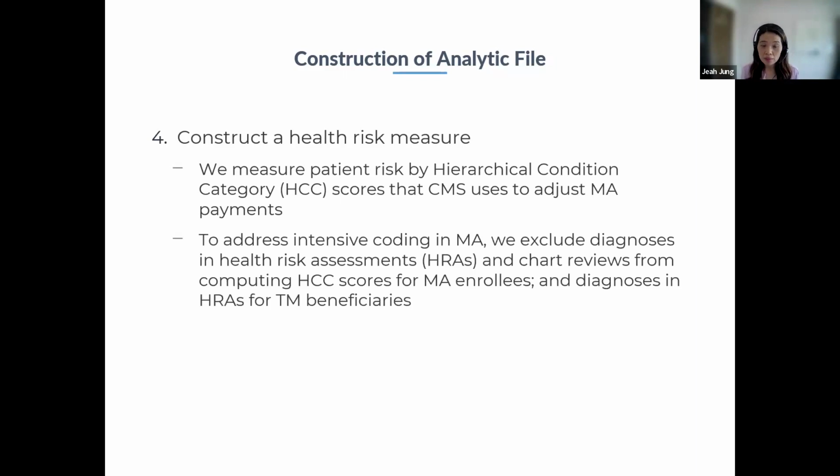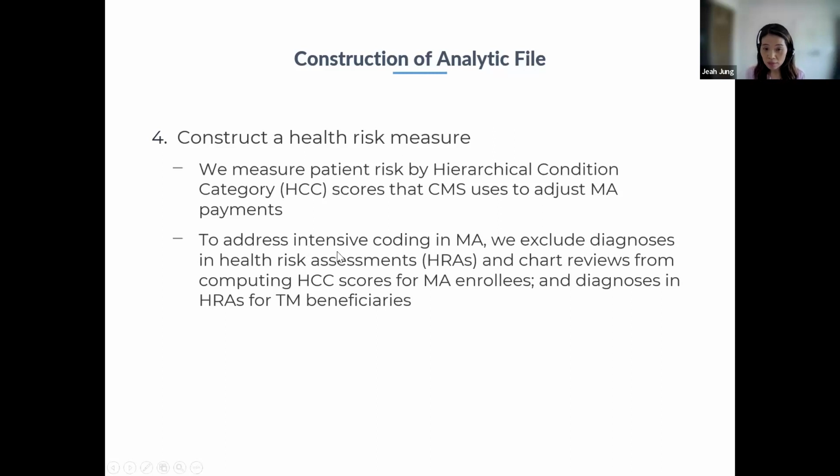But because these HCC scores are used for MA payment, people are concerned that there might be intensive coding in MA, which means that MA plans have incentives to record as many diagnoses as possible, because that is going to increase the risk-adjusted payment to the MA plans. However, TM providers do not have that incentive. So this has been an issue in the MA sector.